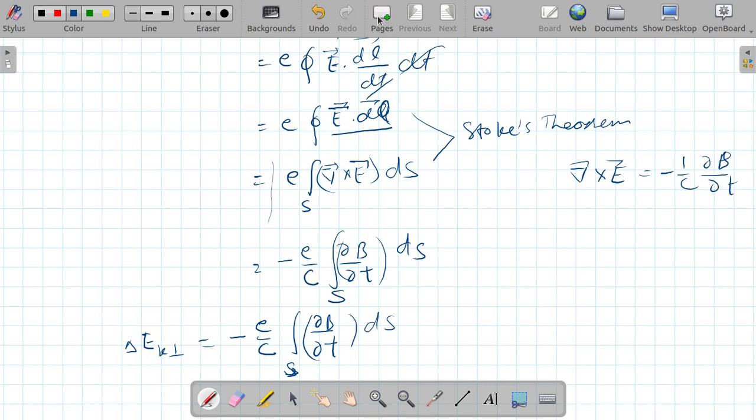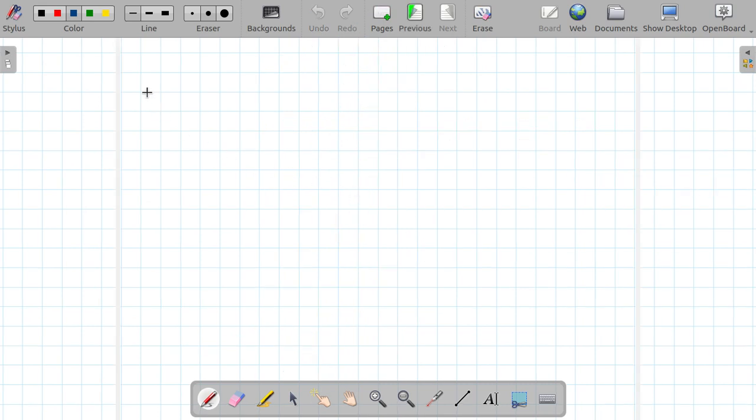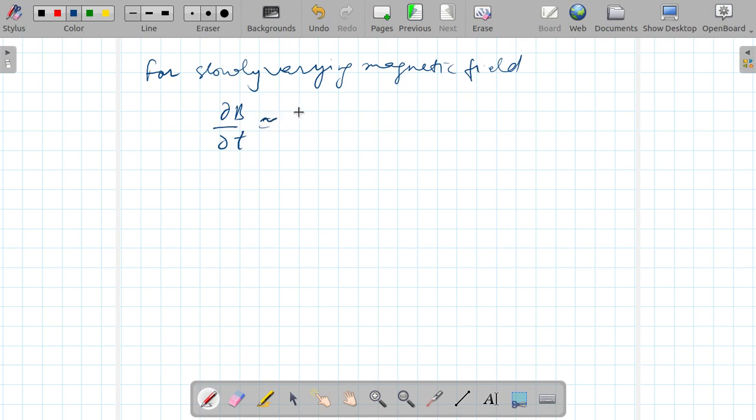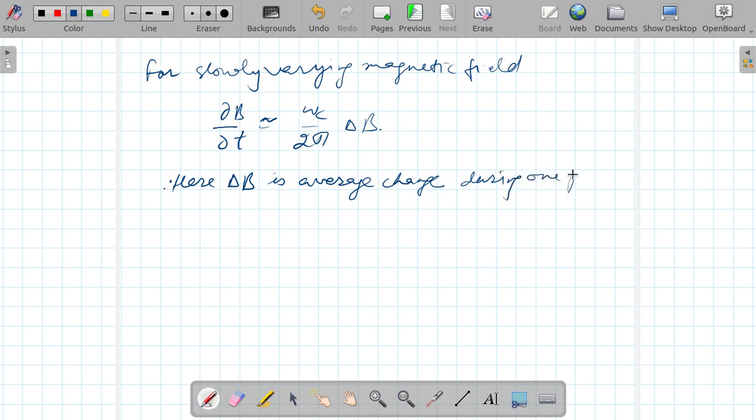But for slowly varying magnetic field, curly B over curly t can be written as omega c over 2 pi delta B. And here delta B is average change during one period, or in other words over one orbit.